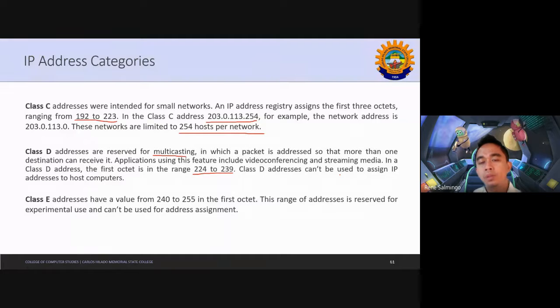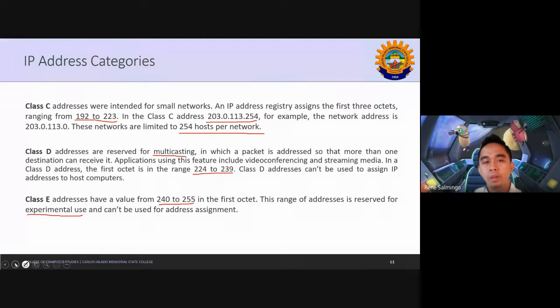Mostly they are used in projectors and television. So these are class D addresses for multicasting. And we have also class E addresses. These are from 240 to 255 in the first octet. The range is reserved for experimental use and can't be used for address assignment.